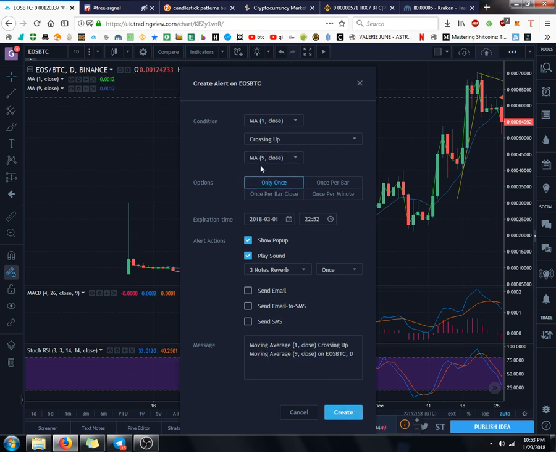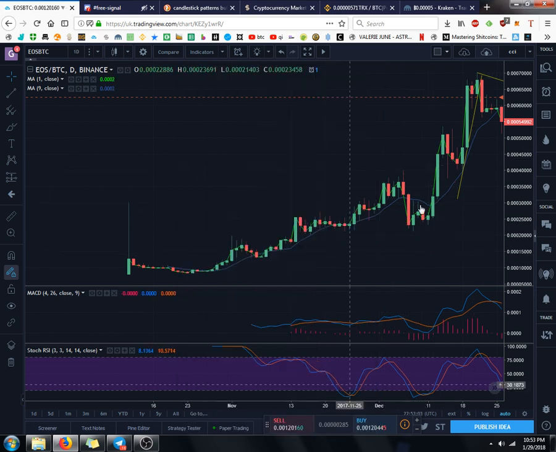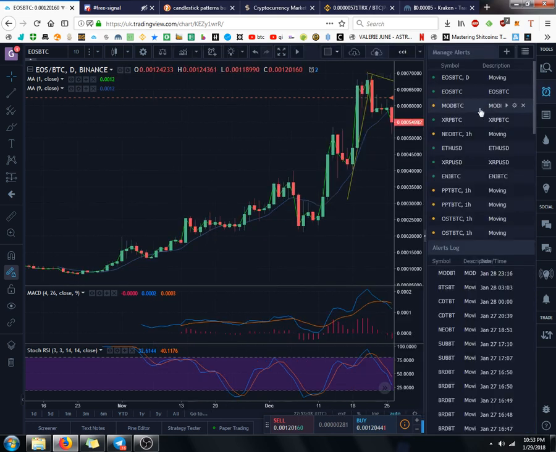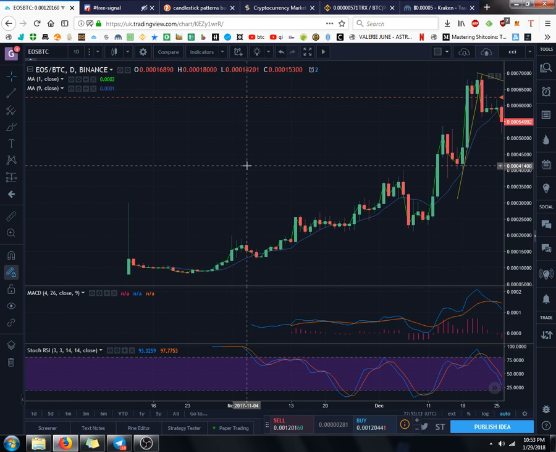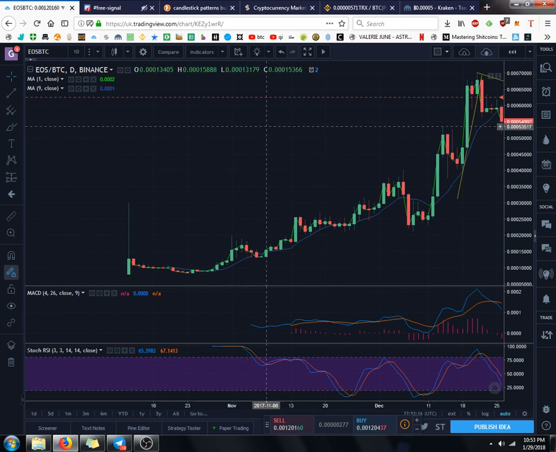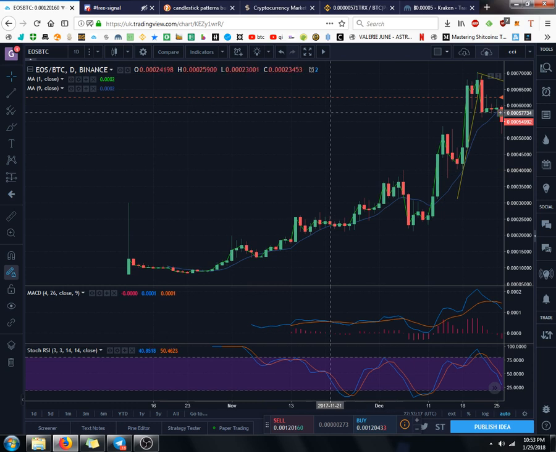So that means once the candle crosses the blue line, you're going to get an alert. So that would be like, oh, time to buy. And you can also set it moving down and then time to sell, which is really cool. When you're in the pro version, you can have it on your phone. You can have SMS texts sent to you, but it jumps up on the screen anyway if you're watching.